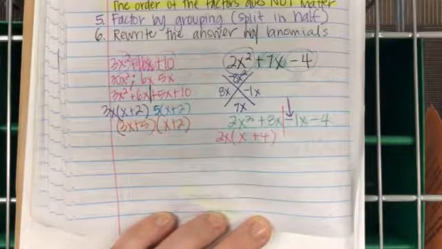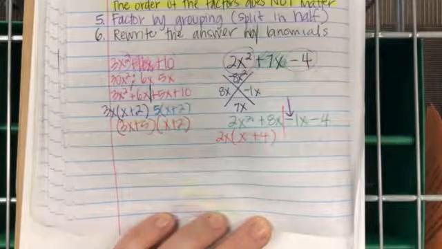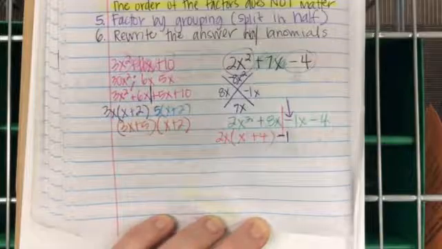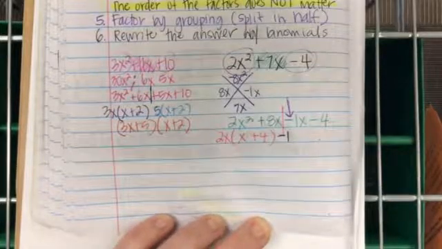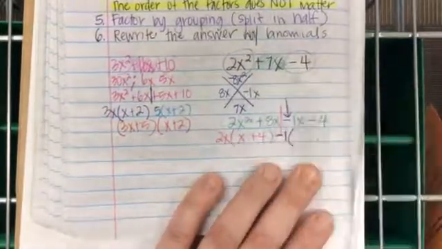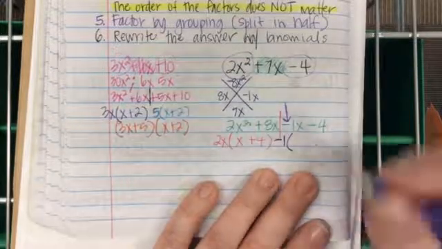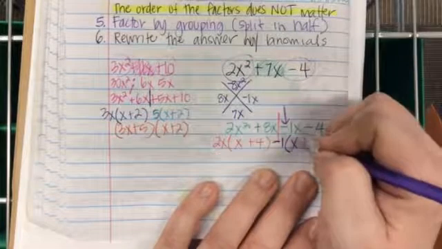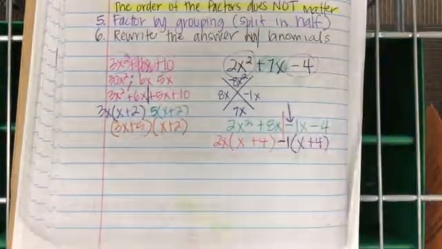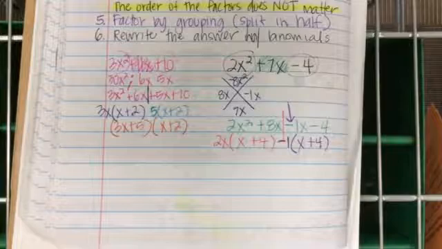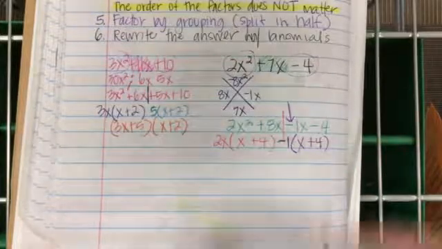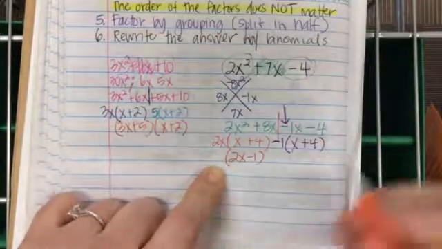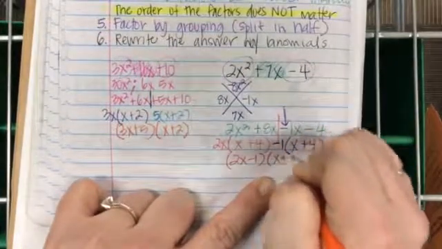If the leading coefficient is negative, what do you have to do? Factor out the negative. When you factor out a negative, what's left behind? Positive x and positive 4. Do they match? Okay, so the answer is 2x minus 1 and x plus 4.